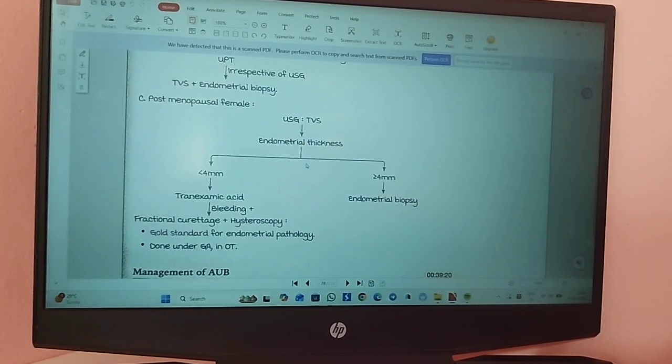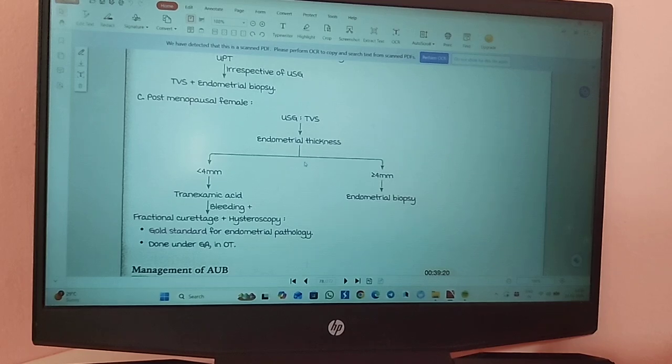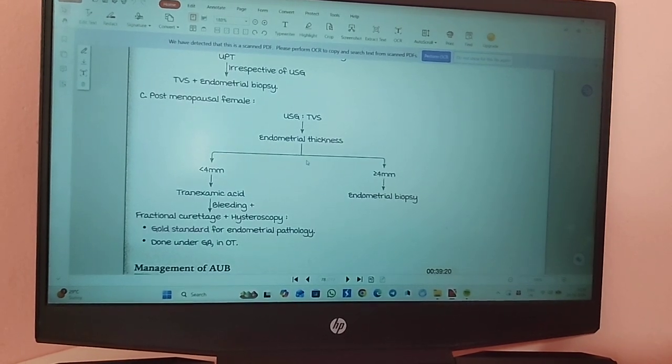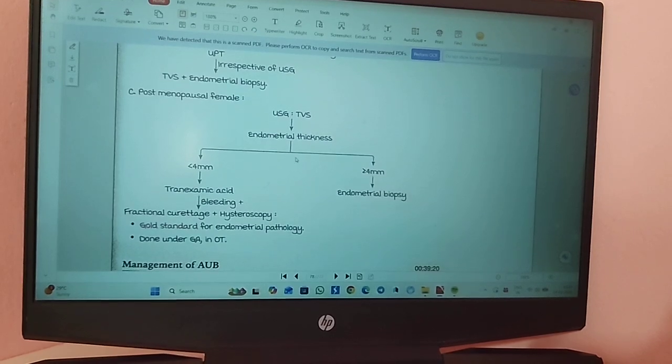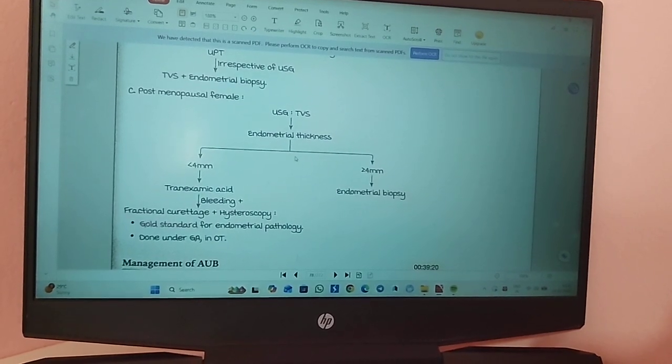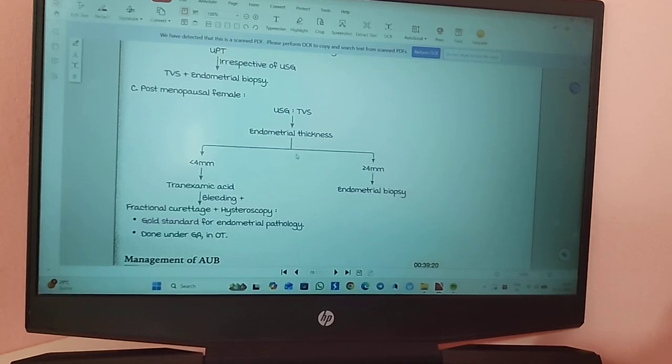Next, in case of a postmenopausal woman, first you should do ultrasonography, that is transvaginal sonography, then check endometrial thickness. If the endometrial thickness is less than 4 millimeter, then you should give tranexamic acid, and if the bleeding is still persisting, then do fractional curettage plus hysteroscopy.